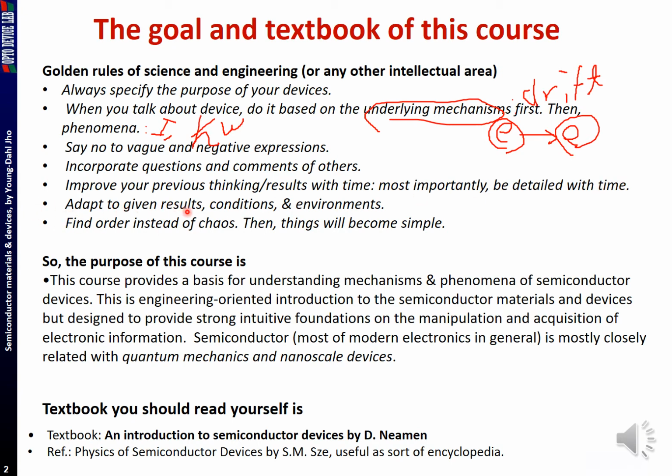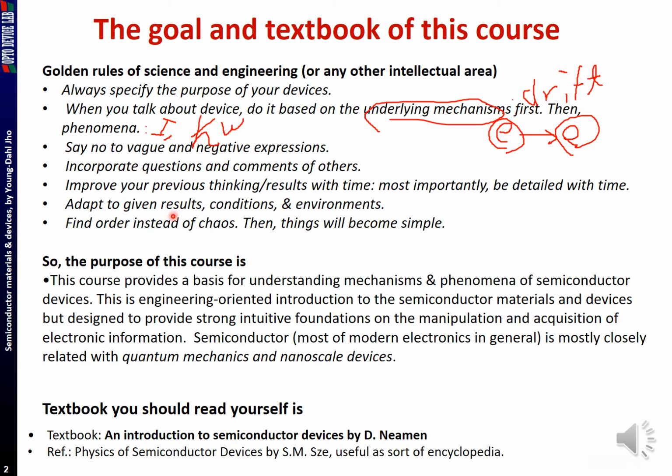Adapt to given research conditions and environment. I mean, you might think, I don't have this one, I need this one, then it will be great, it will be perfect. No, such things don't happen when you try something new. There will be lots of unexpected happenings and events. Then we just adapt to the given research conditions.